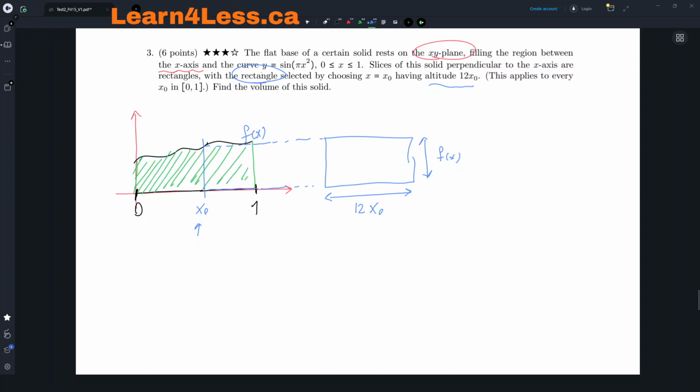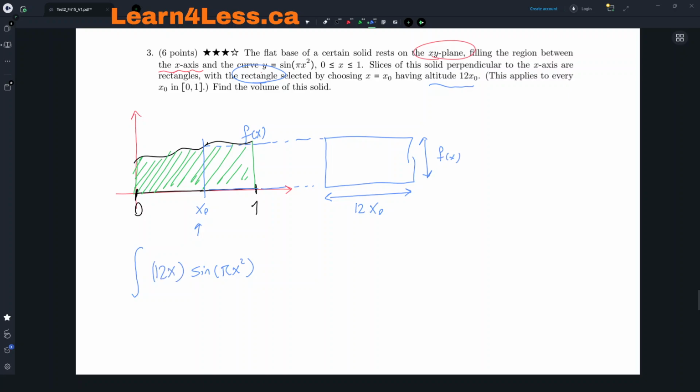So let me just erase these ones. So now what I want to do is evaluate the integral of those areas. And the areas are basically the function, which we have here, sine of pi x squared, which is f of x, multiplied by that altitude, which is 12x naught, or here I generally write it 12x.